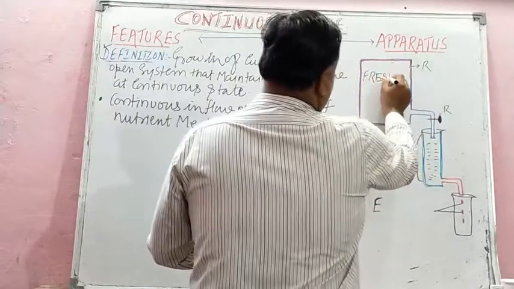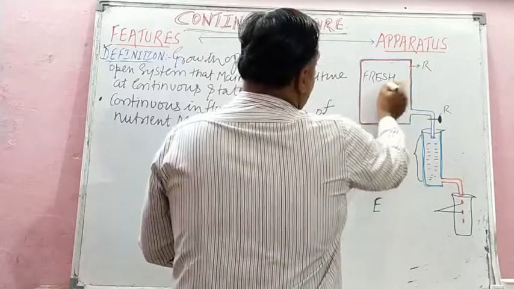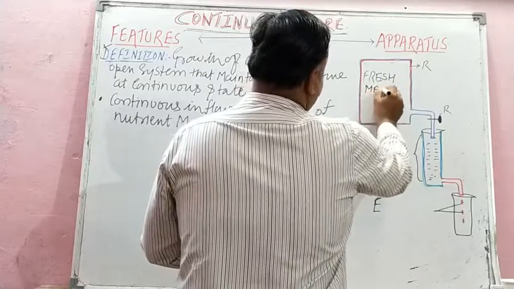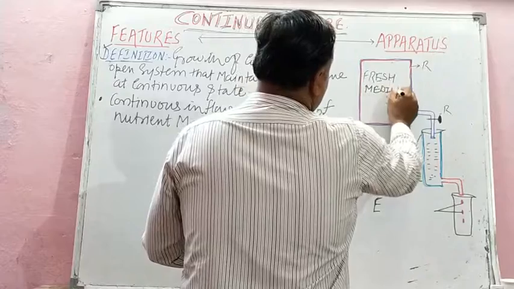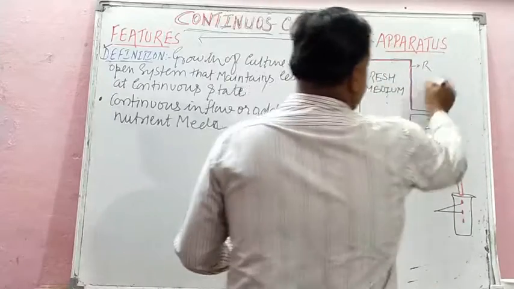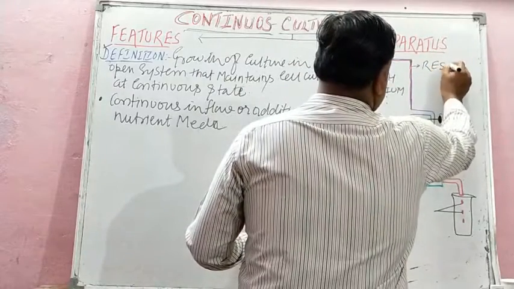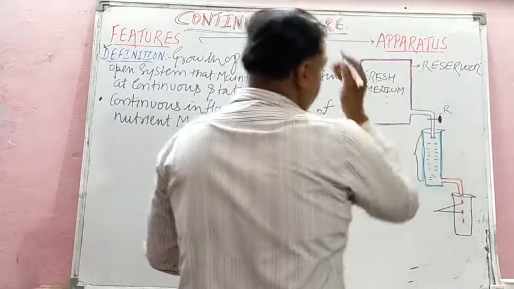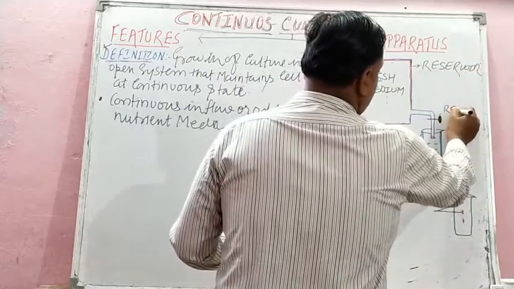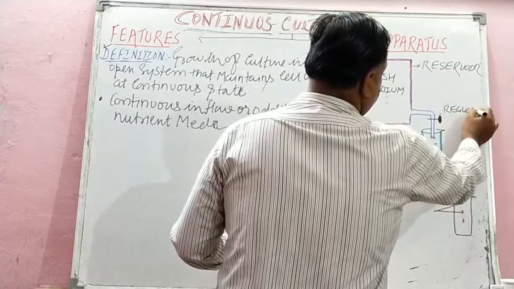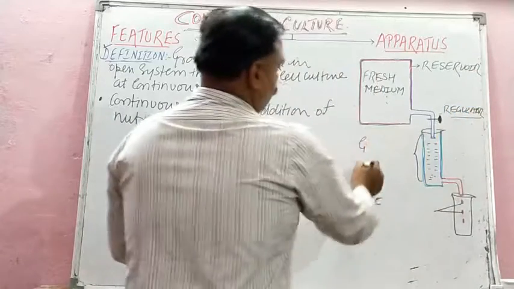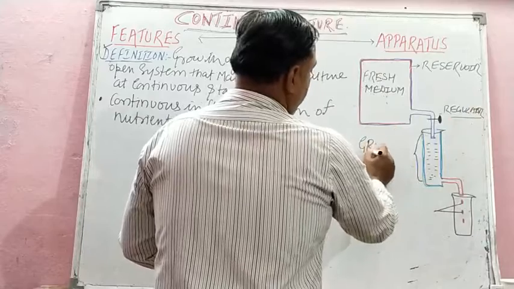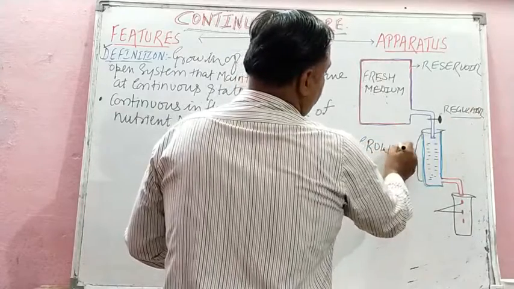So this is fresh medium. Let us check this point in the diagram itself. Fresh medium, you can write fresh nutrient medium here. This is the reservoir. In the reservoir, fresh medium is there, and this is the growth flow regulator. This is your growth chamber. Growth chamber means, children, what grows here?